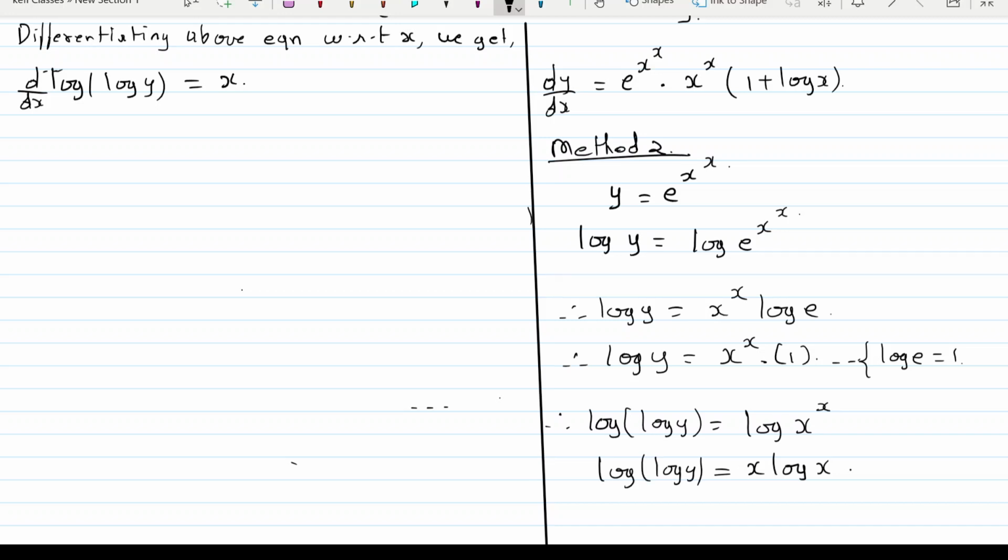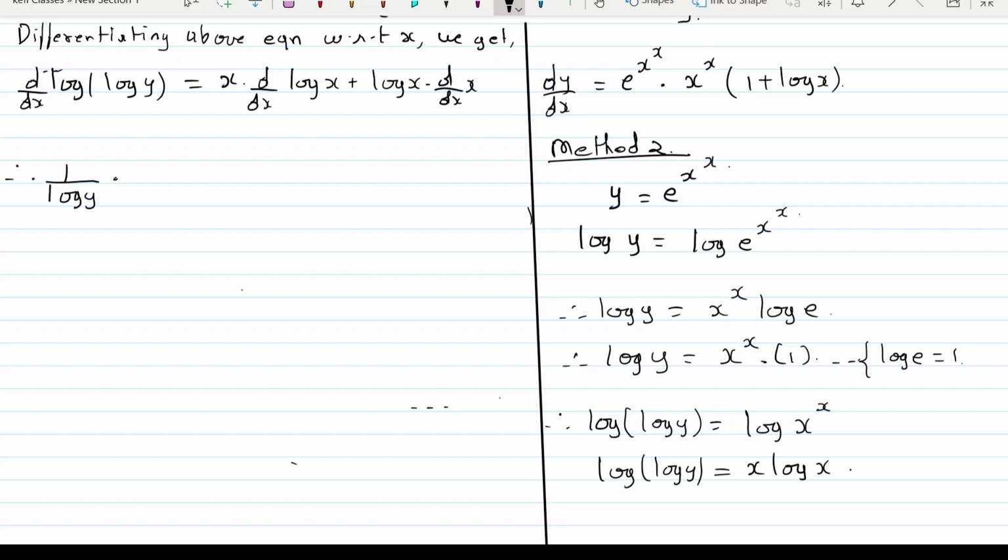So this is x into d by dx of log x plus log x into d by dx of x. You can recognize that the same things happen again and again, nothing new in it. It's very easy to handle, right? Actually easy. Initially it seems hard, but it's easy.